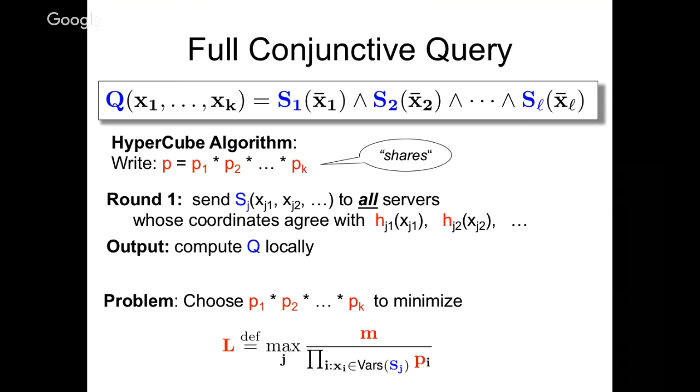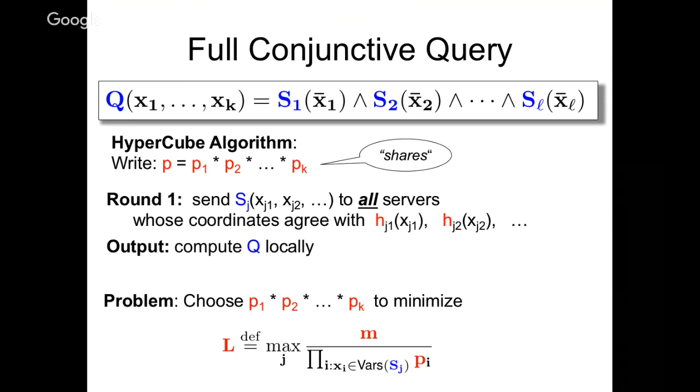And then the algorithm in a single round will send every record of some relation Sj to all the servers whose coordinates agree with the hash functions applied to these existing attributes, and will broadcast along the dimensions that are missing from this tuple.